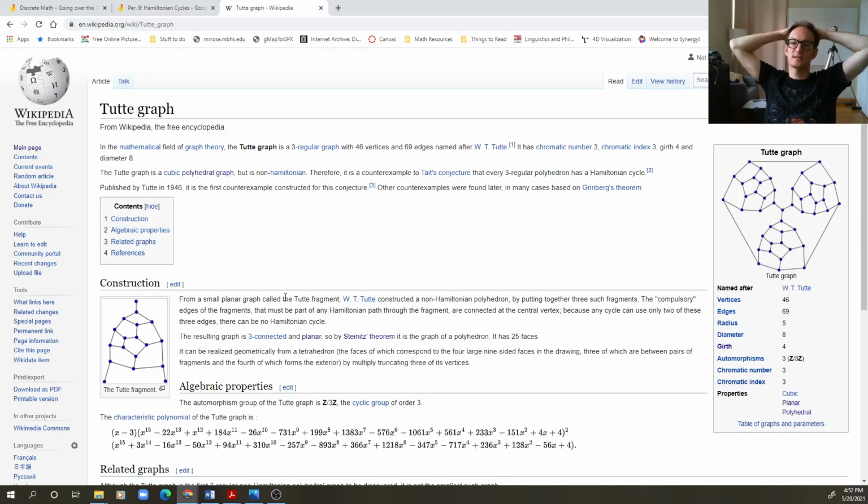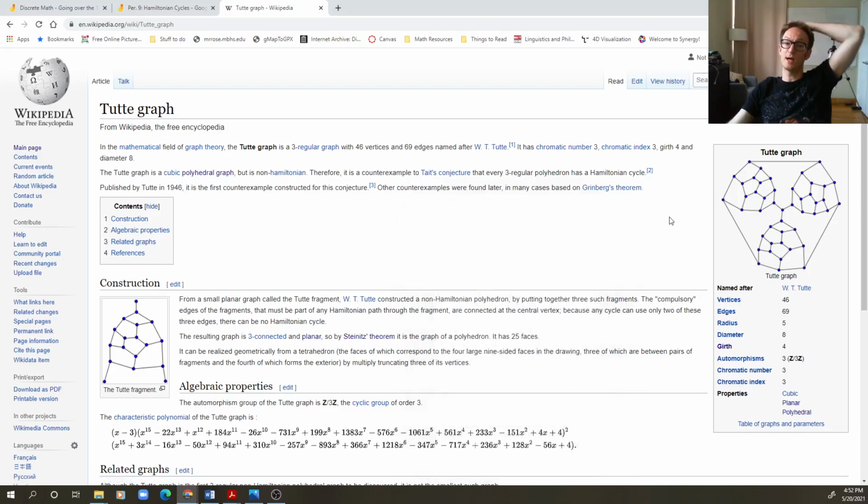It is historically the first discovered polyhedral graph which is non-Hamiltonian. It's actually not the smallest. I think there was a conjecture, Tait's conjecture, which said that every 3-regular polyhedron has a Hamiltonian cycle.